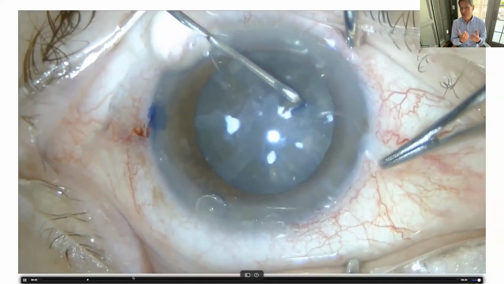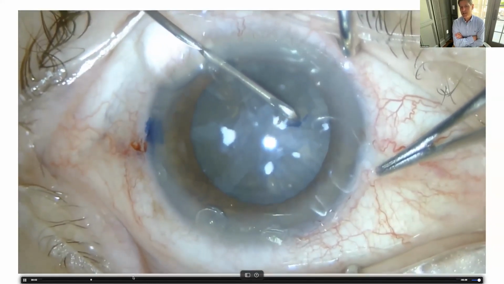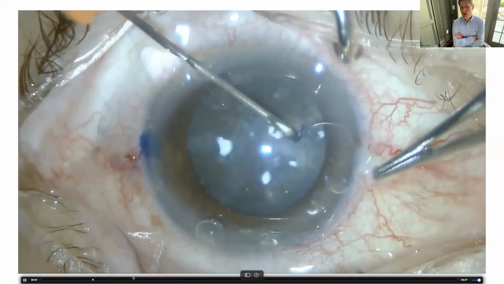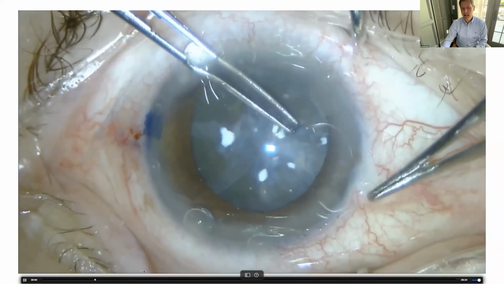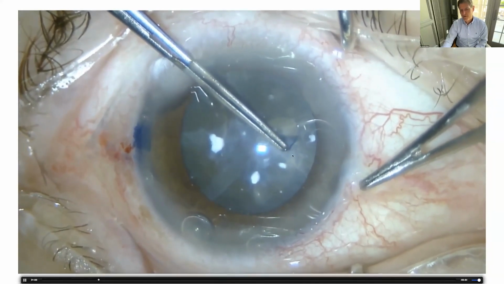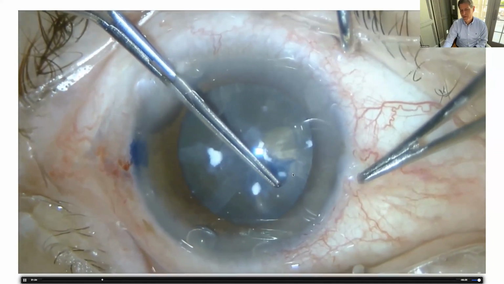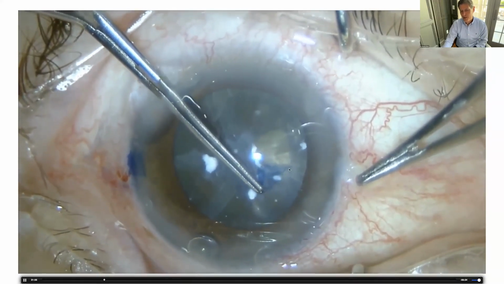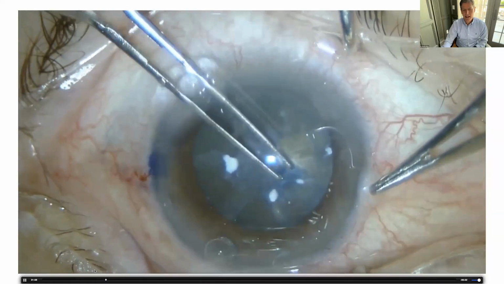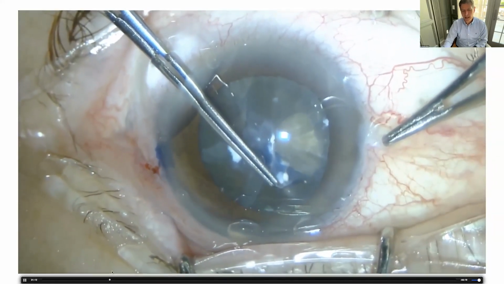It is tough to do a rhexis in these cases because, again, that fibrosis is hard to manipulate. Sometimes we have to go around the area of fibrosis. We have to do it, again, very, very carefully. As you can see, it's a rhexis that is very difficult to manipulate.